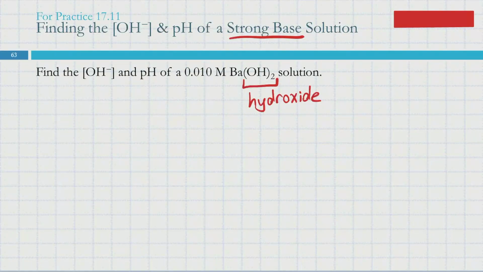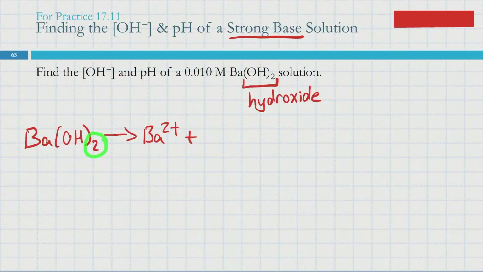So if we want to find our hydroxide concentration, we can write a dissociation equation for barium hydroxide. It's going to produce barium ions, and we're also going to produce two, because of the subscript, two hydroxides per barium hydroxide.